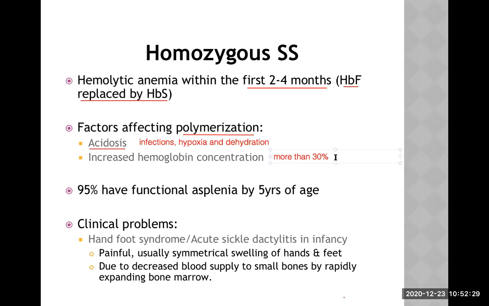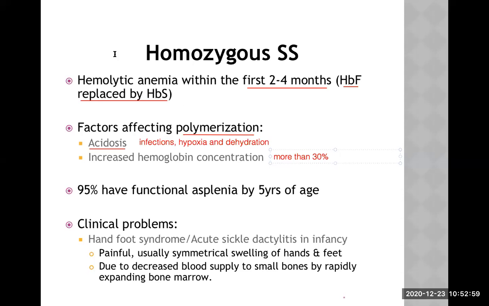Exactly, all of you are answering correctly. Hemoglobin concentration increases. This is known as hemoconcentration because of a decrease in plasma volume. There is a relative increase in hemoglobin or RBC concentration, and that doesn't help this process. The polymerization further increases. That's what I want to say here.